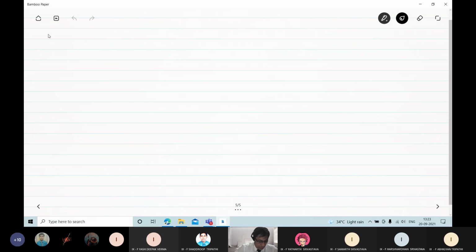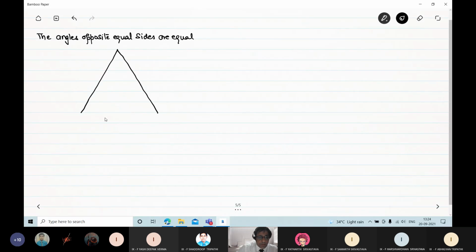So we are going to prove that the angles opposite equal sides are equal. So let's draw an isosceles triangle. Let's say this is A, B, and C. Let's say AB is equal to AC.